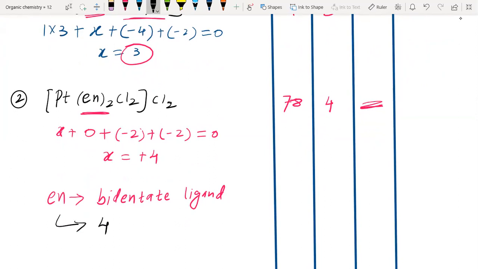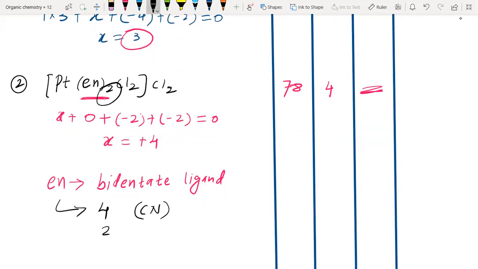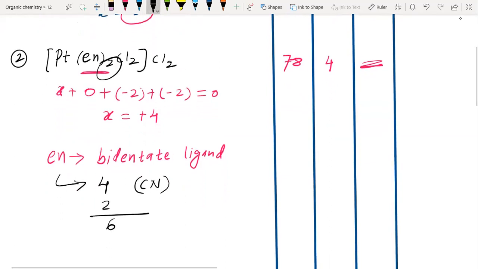As it is given 2 here, the coordination number is 4 in the case of ethylenediamine, and that of chloride is 2. In all it is 6. So the total coordination number is 6.